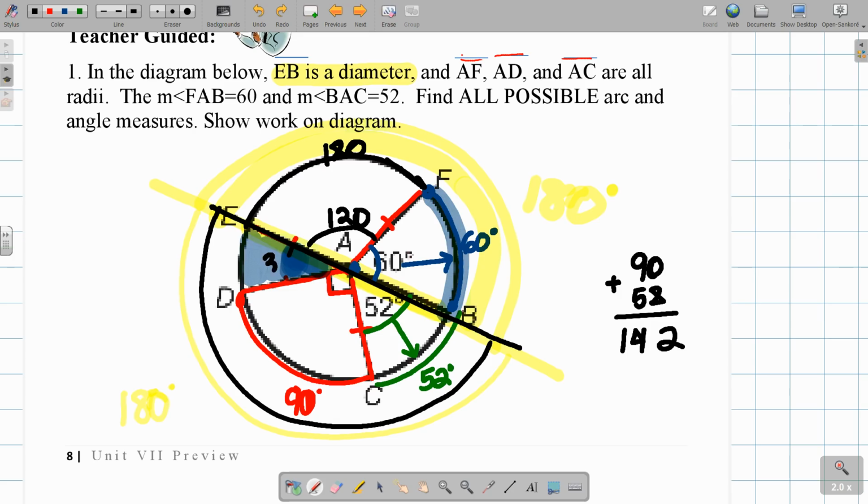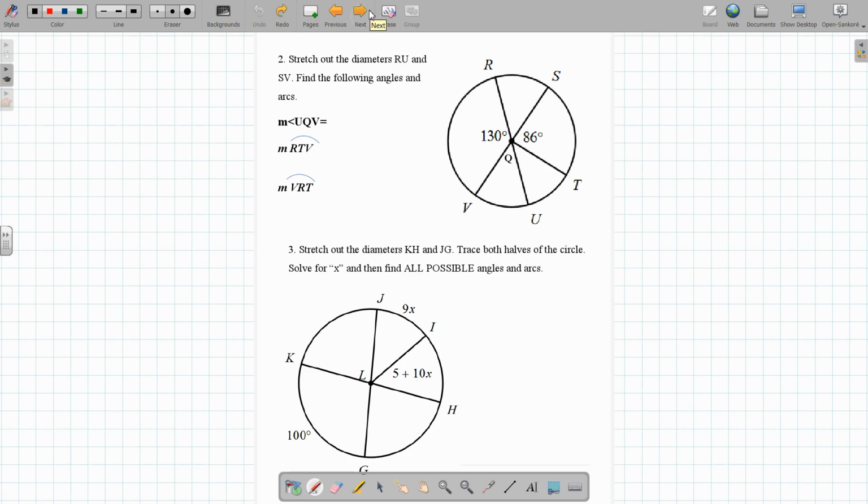So, of course, this is 38 degrees. Therefore, this is 38 degrees. Measure of a central angle to its arc the same. If you just keep that in mind, watch out for your diameters. Let's do a couple more problems here together.